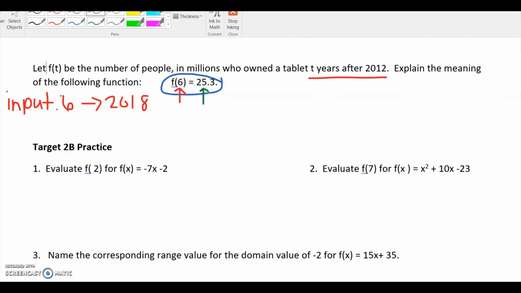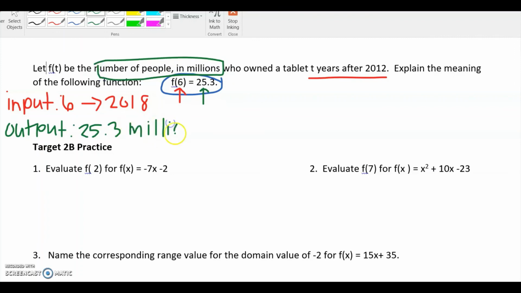So it's saying the function with 6 as an input would give us 25.3 as an output. So your output is 25.3, but in terms of the problem, it was the number of people in millions. So we have to make sure we're writing the million that goes with it.